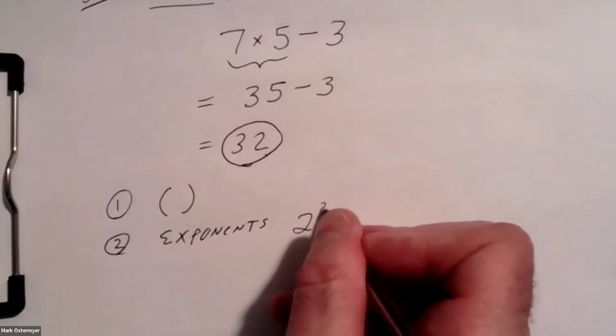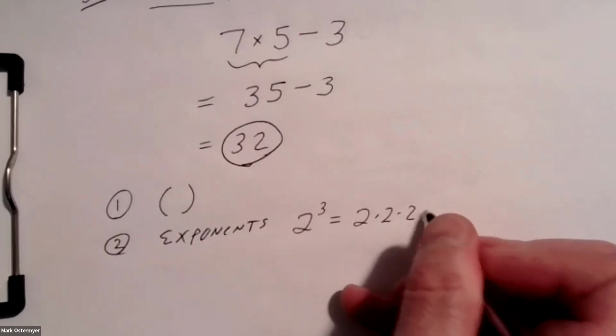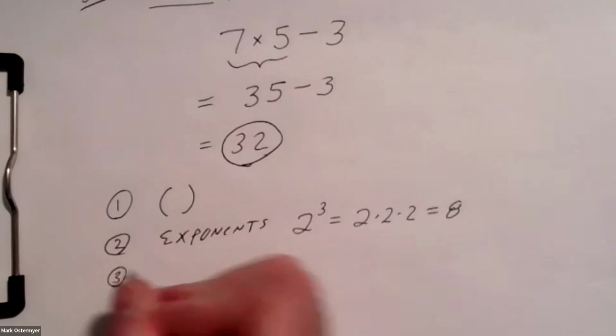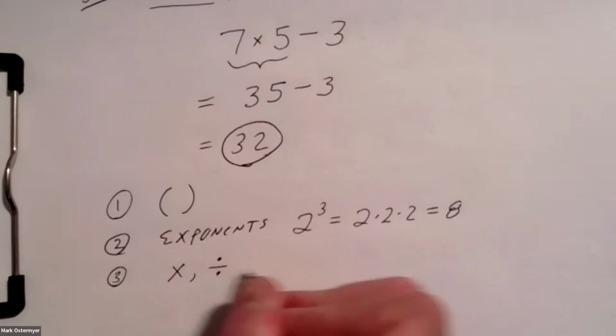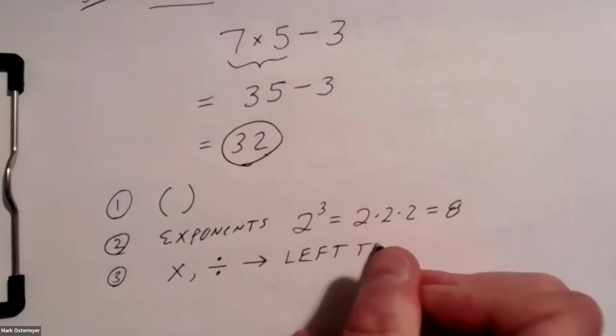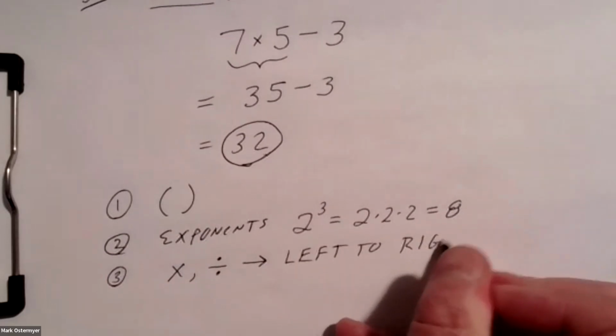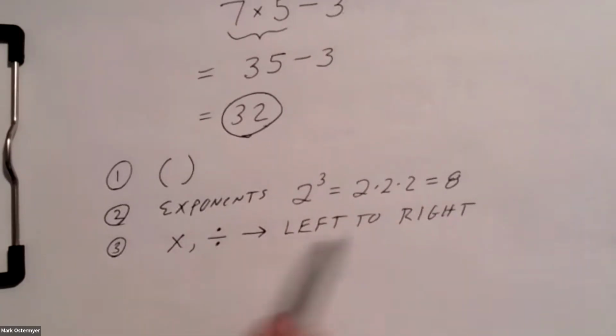Like if you have 2 to the 3rd power, you need to evaluate that next as 2 times 2 times 2, which is 8. Then we look for multiplications and divisions in the expression as they occur from left to right.